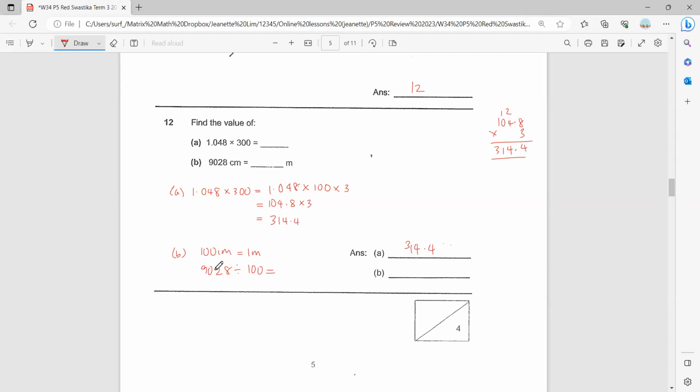So you get 90.28. Or you can just see what's in the hundreds place, so 90 meters, 90.28.